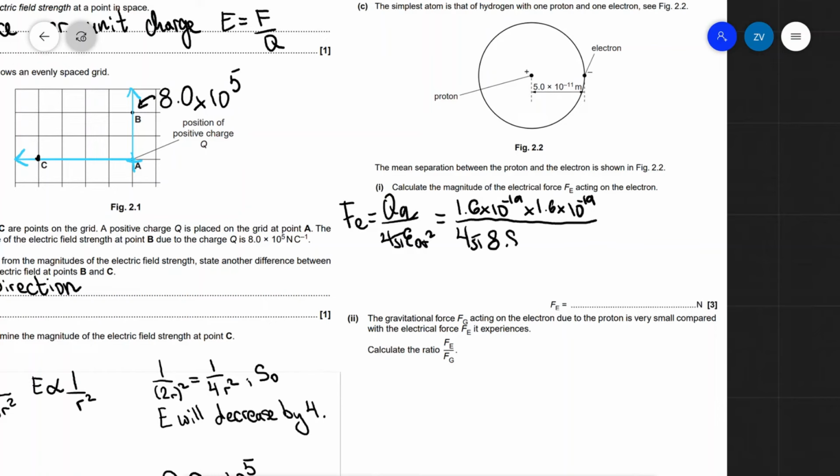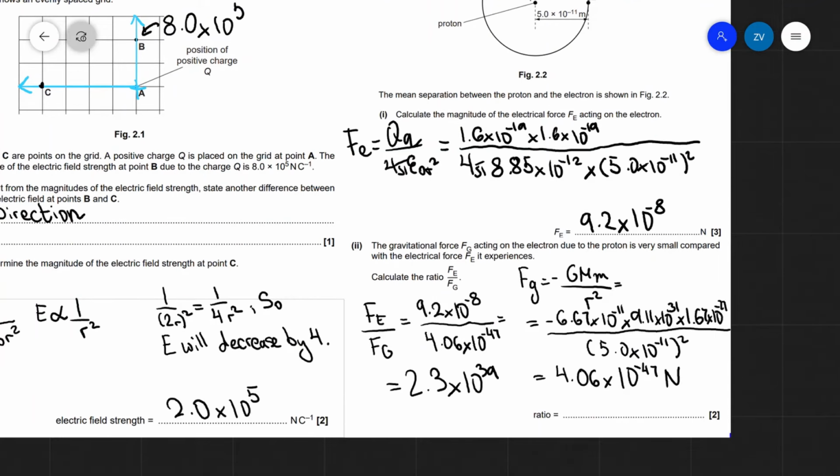Epsilon naught is 8.85 times 10 to the power of minus 12. And we're going to be careful not to forget to square the distance. So it's going to be 5.0 times 10 to the power of minus 11. All of this is squared. Inputting this into a scientific calculator, up to 2 significant figures, this will give us 9.2 times 10 to the power of minus 8 newtons.